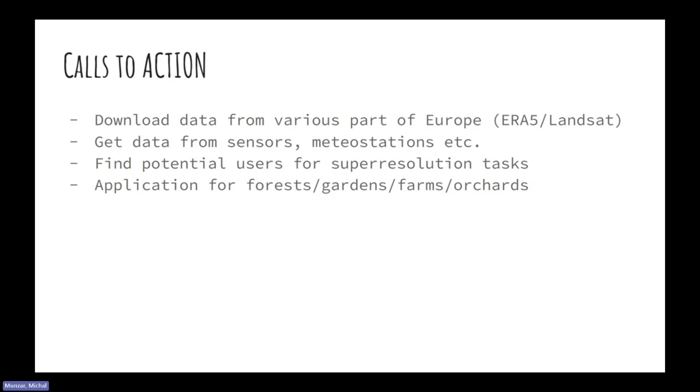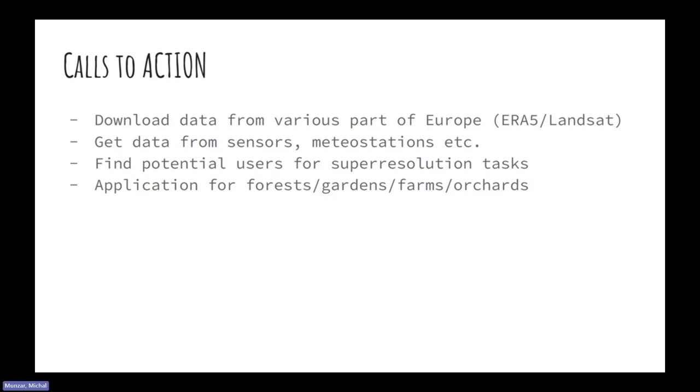Also, try to think what could be potential users, or what could be potential providers of, for example, data from stations, right? So farmers or some people who want to have this mapping of climatic data in super resolution. A simple example: there's a farmer who has meteo stations, and with this super resolution model, he doesn't have to have so many of them.